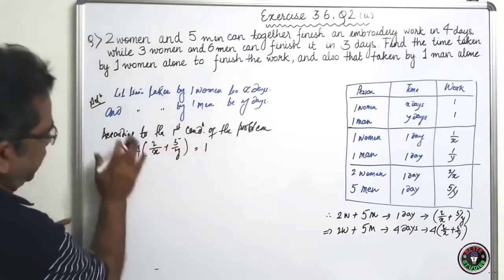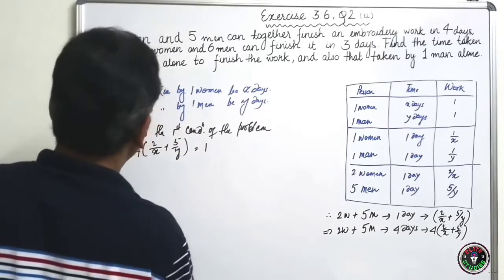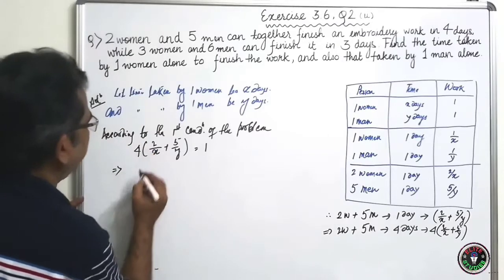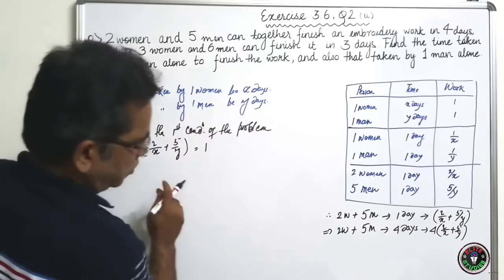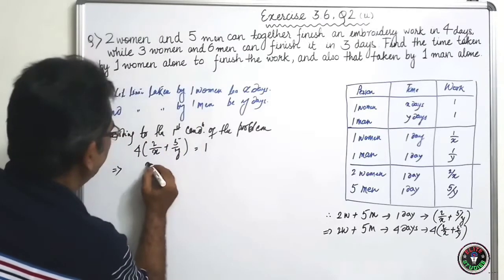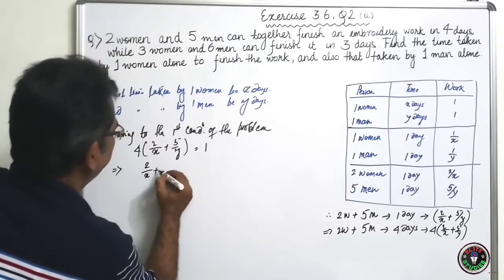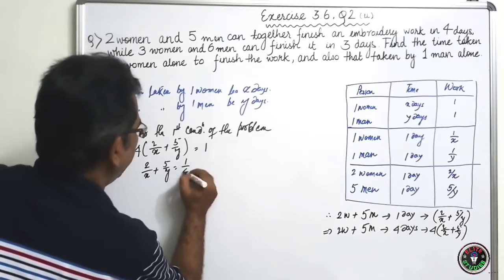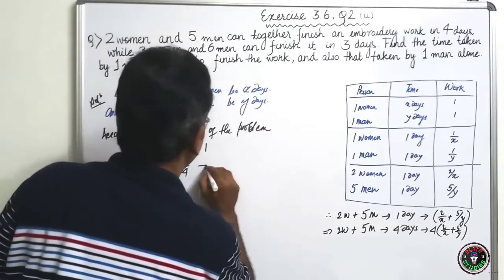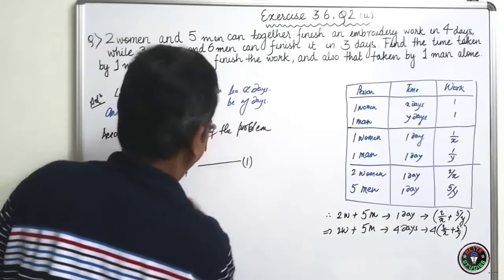Now if you simplify, it will be 2 by X plus 5 by Y equal to 1 by 4. This is equation 1.